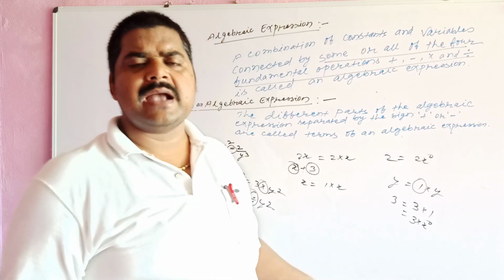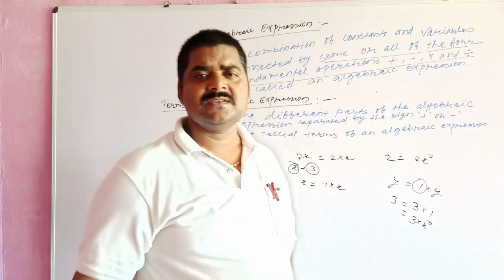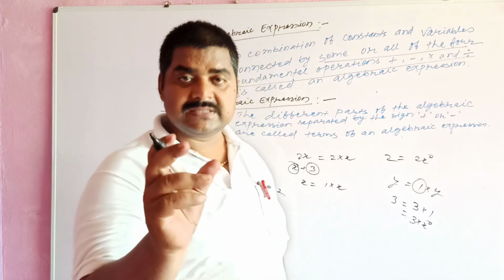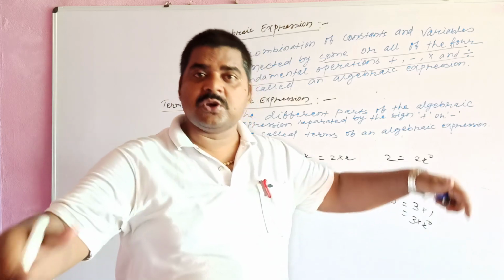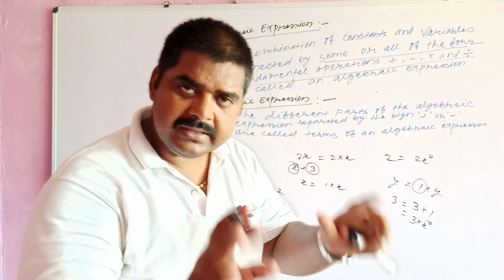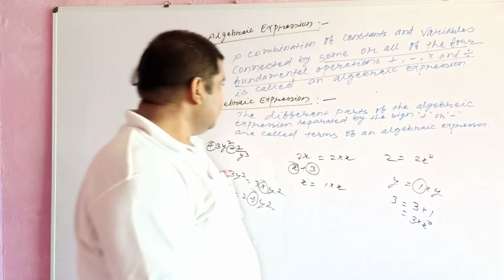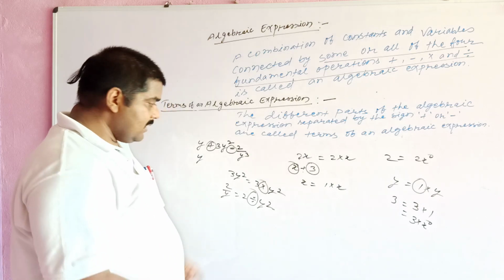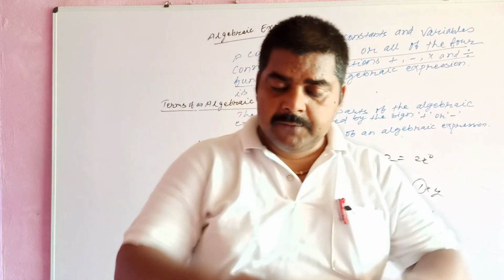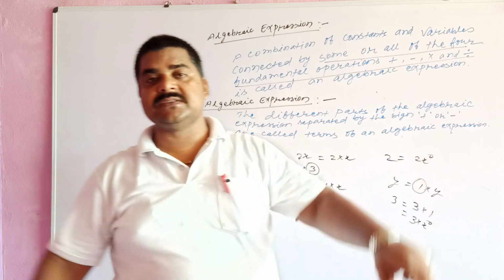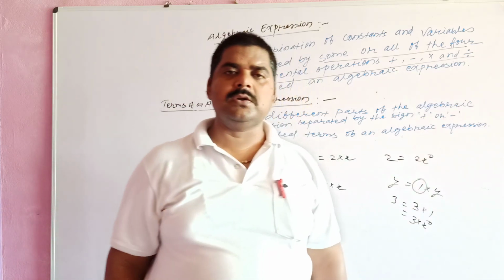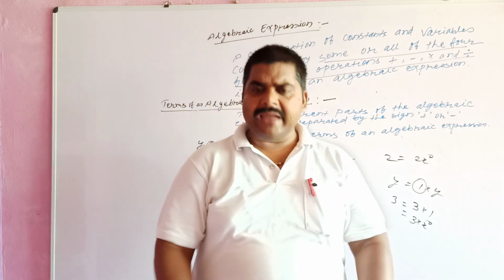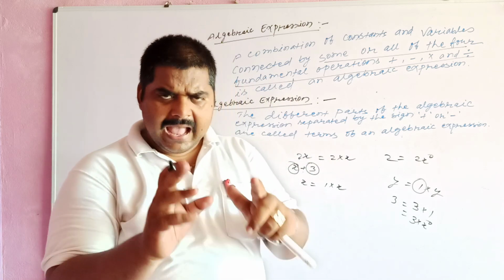So algebraic expressions must contain variables, constants, and some of the basic operations, or all basic operations may be given in the question. And next is terms of an algebraic expression. In the case of terms, in any algebraic expression you do not have to count multiply and divide, you have to ignore multiply and divide.